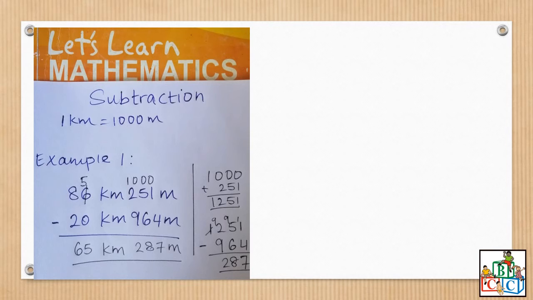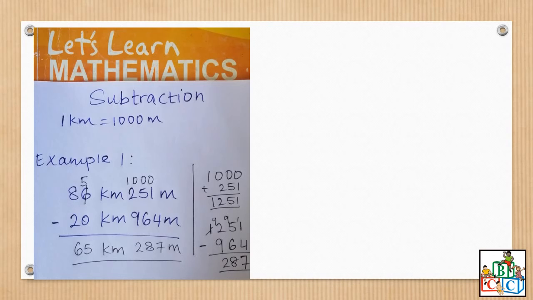Subtraction. Let's take the first example. 86 kilometers 251 meters minus 20 kilometers 964 meters. Just take a look.